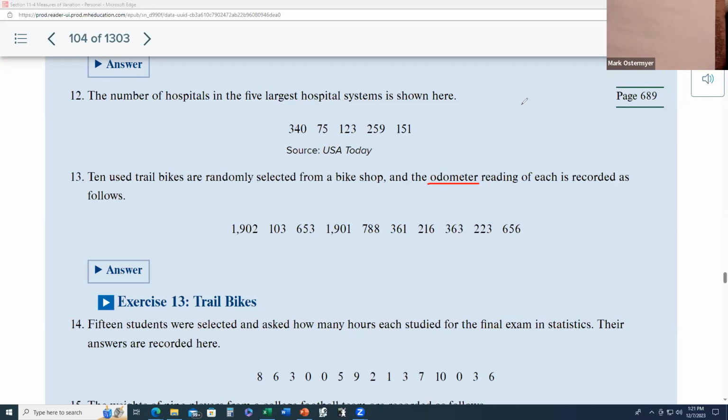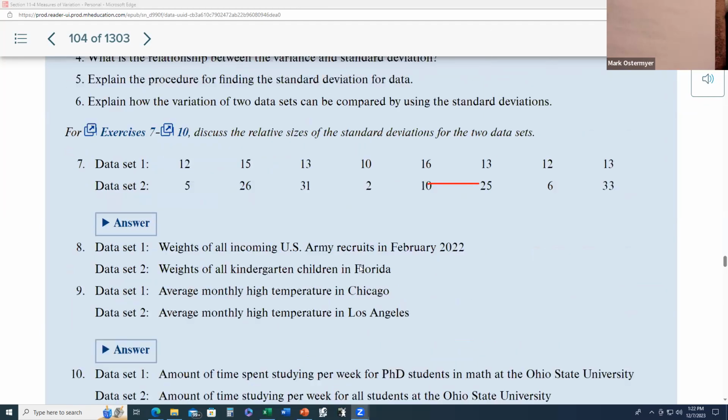Anyways, ladies and gentlemen, what I would like you to do is take this data set and find the variance and the standard deviation. Now, hold on a second. That's number 13.